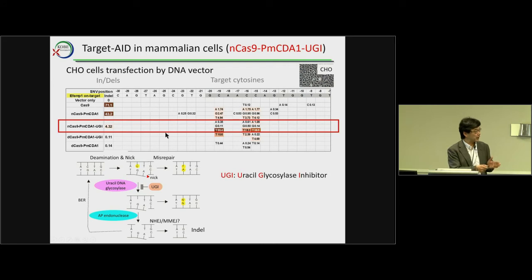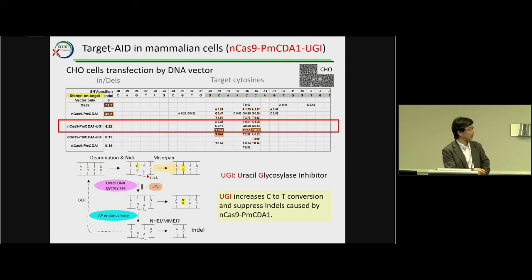Because the characteristics of the repair system are different depending on the live systems, the optimum editing systems are different. So in this sense, UGI increases the C2T conversion and suppresses indels caused by this Cas9 AID system.